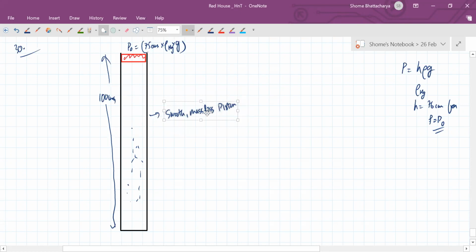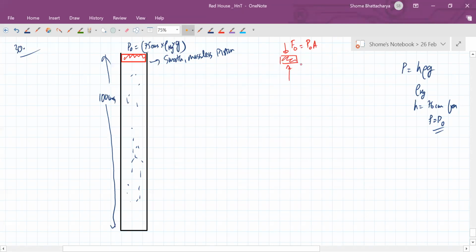So the complete thing. Initially, if you look at the free body diagram of the piston, it's experiencing force from above, which is atmospheric pressure into whatever area. It's experiencing force from below, which is whatever pressure the gas is.